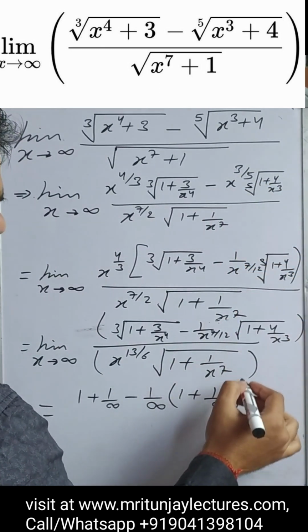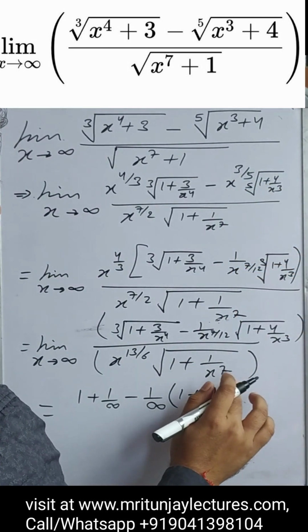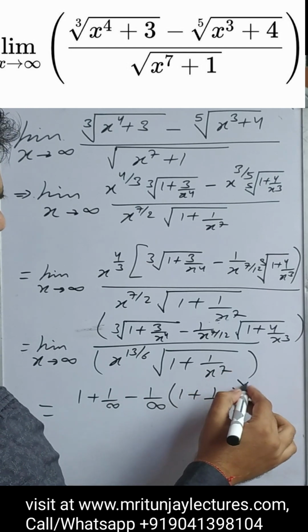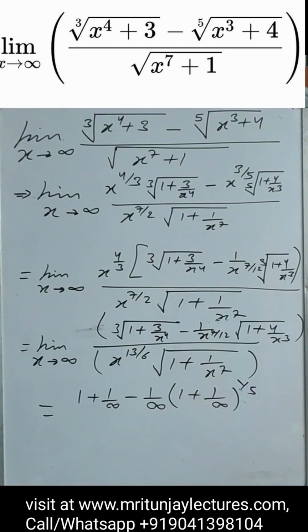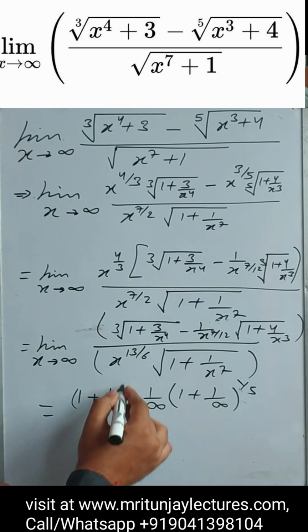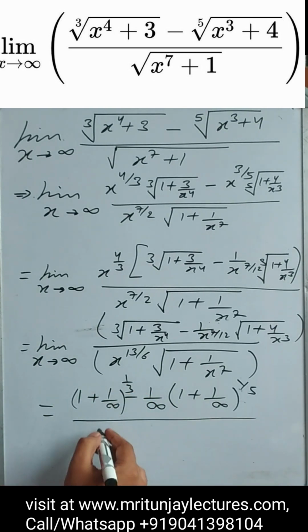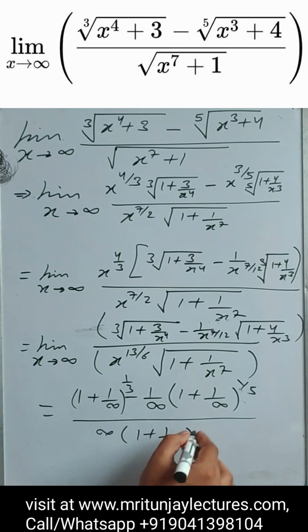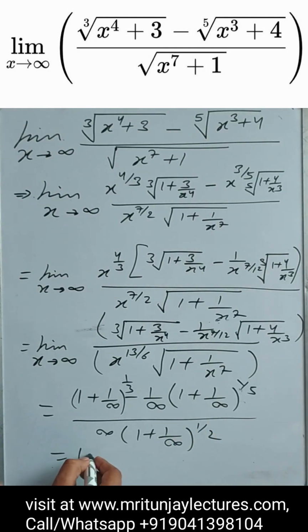So here we get 1 by 5, and here also 1 by 3 divided by infinity into 1 plus 1 by infinity to power 1 by 2. So we get 1 minus 0 divided by 0 for infinity. So finally we get 0. So 0 is the right answer. If any doubt, then comment it, I will discuss again.